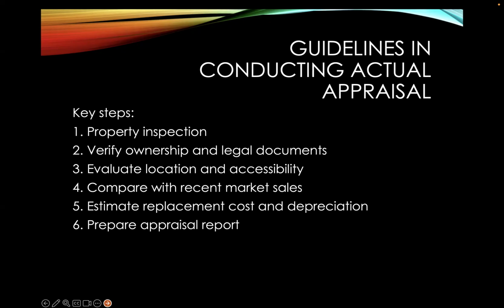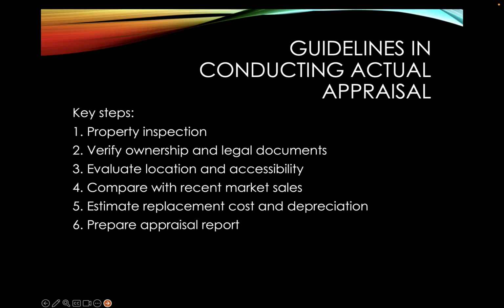Number three, evaluate location and accessibility. What if the property being used as collateral is located in a far-flung area? That will affect your evaluation. Number four, compare with recent market sales. There are platforms that we can use for this. Number five, estimate replacement cost and depreciation.